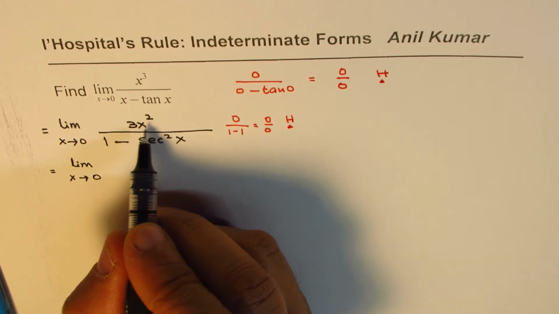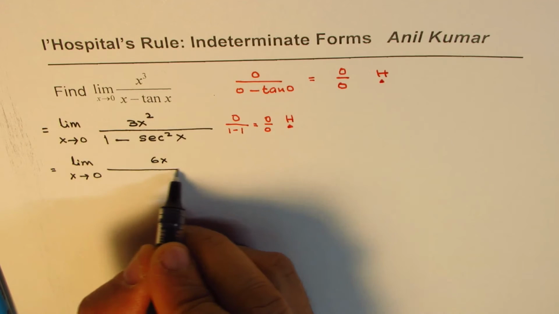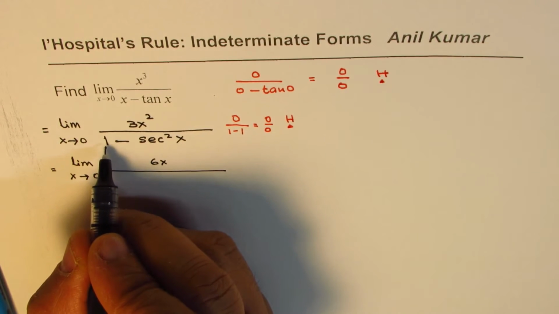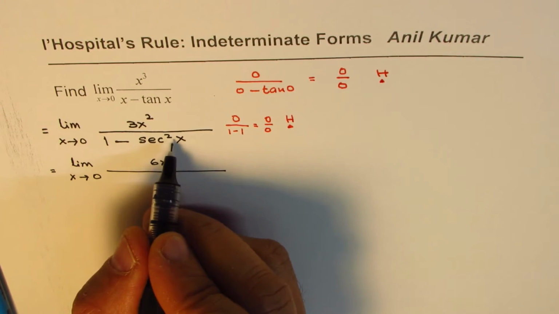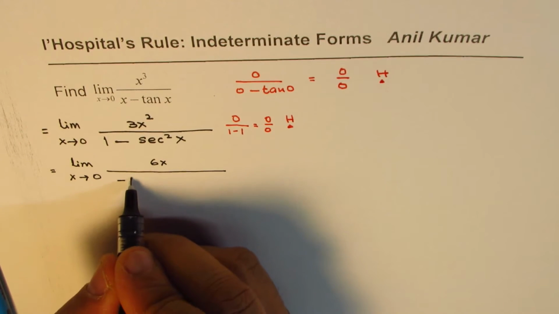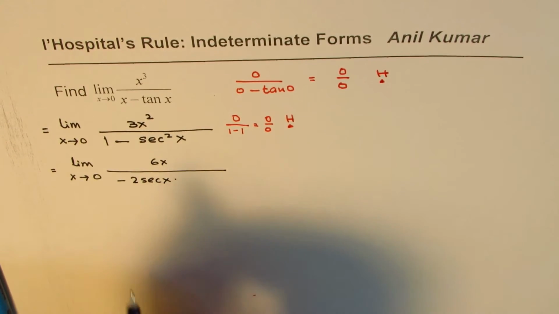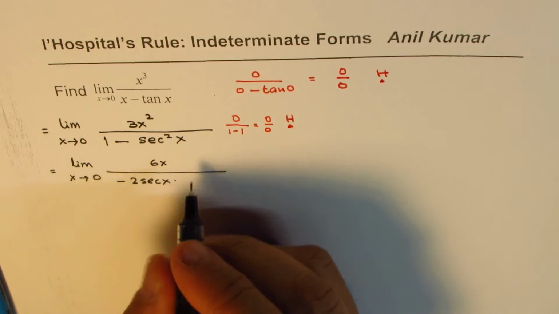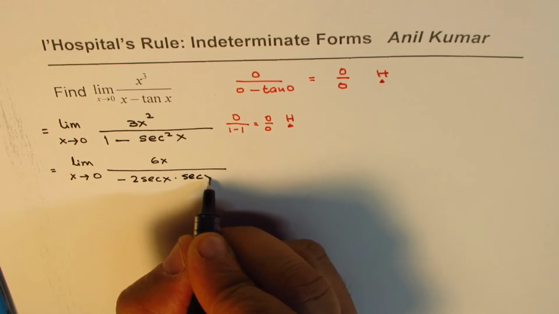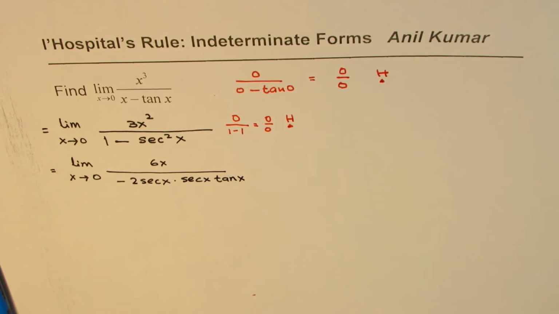So the derivative of the numerator is 6x. Derivative of 1 is 0, and minus secant square x gives minus 2 secant x times the derivative of secant x, which is secant x tan x, right? So that is the derivative.